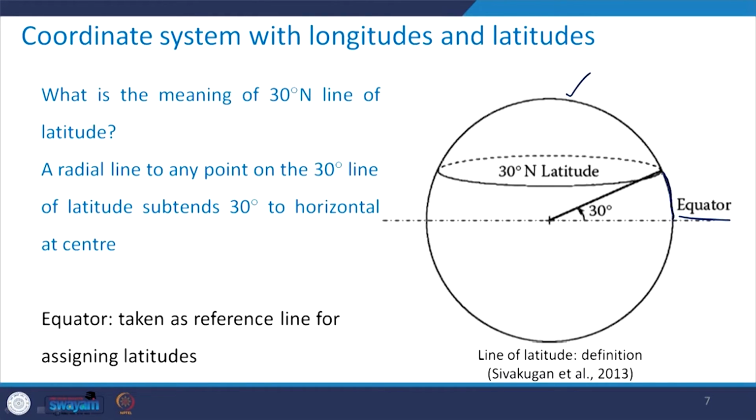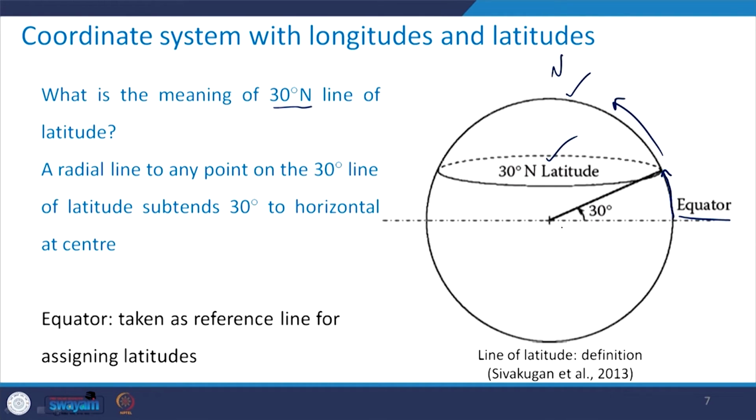Along the periphery, you measure 30 degrees. Since it says 30 degree north, we are moving towards the north. Whatever circle this is, we will call it 30 degree north latitude.